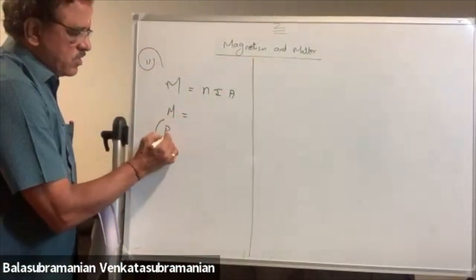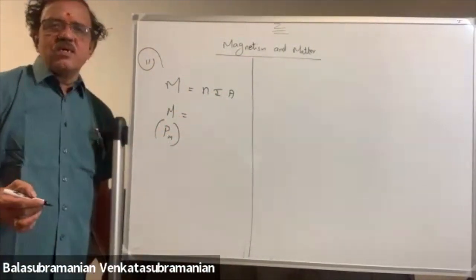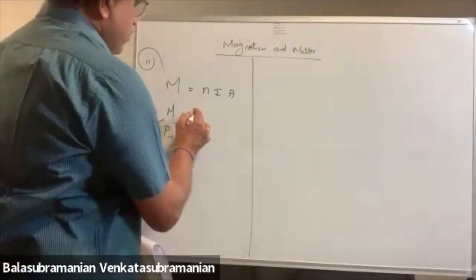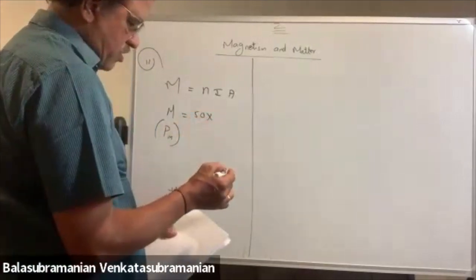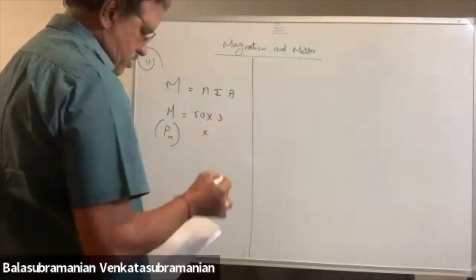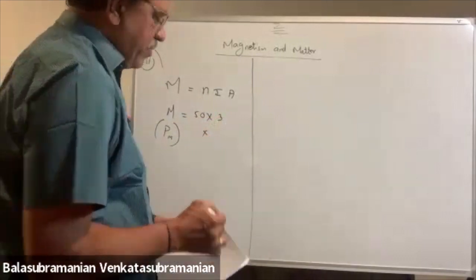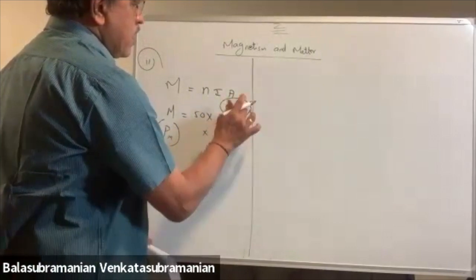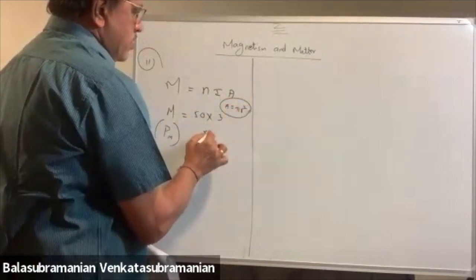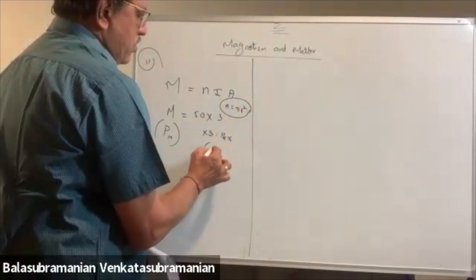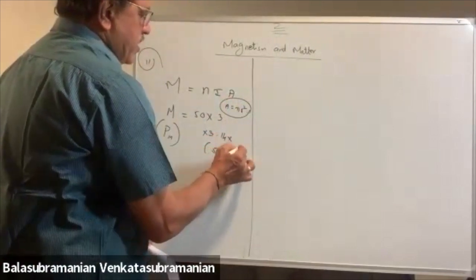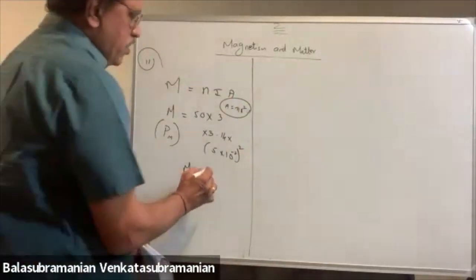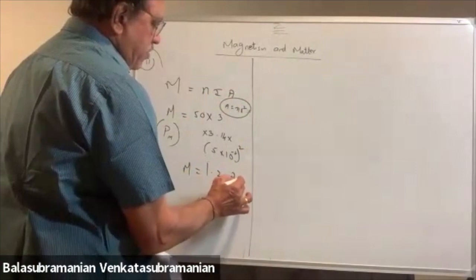This is also called the magnetic moment representation. Number of turns 50, current 3 ampere, radius 5 centimeter. So pi r square, 3.14 into 5 into 10 power minus 2 the whole square. Simplify, you are getting 1.2 ampere meter square.